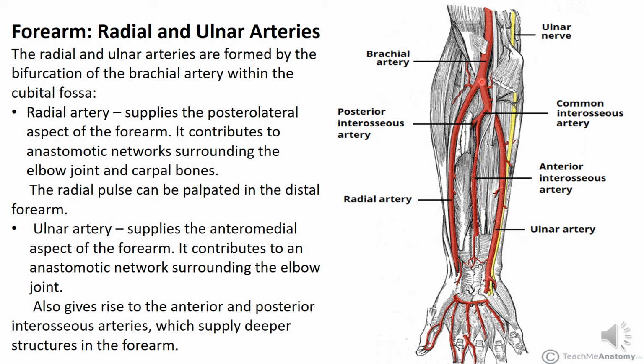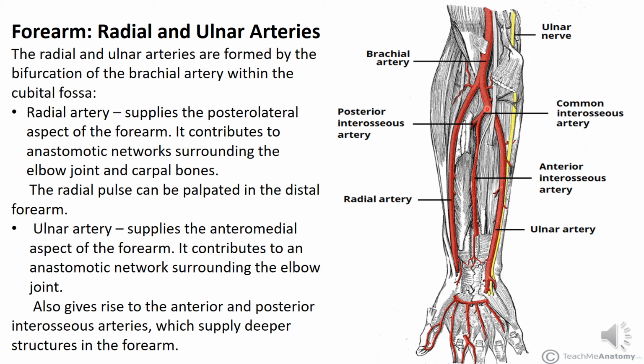The brachial artery terminates into ulnar artery and radial artery in the cubital fossa. Radial artery supplies posterolateral aspect of the forearm. Ulnar artery supplies anteromedial aspect of the forearm.